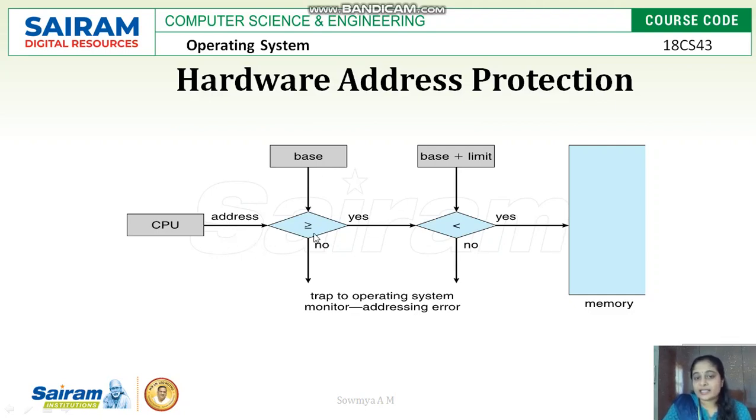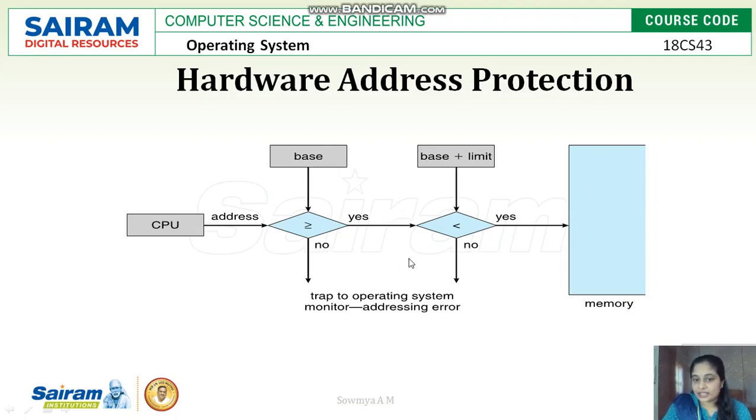The address is compared with the base. For the process P1, the base register will have the process P1's base address. The address provided by the CPU should be greater than or equal to the base address, and it should be lesser than the base plus limit address. Then only the memory can be accessed by the CPU.